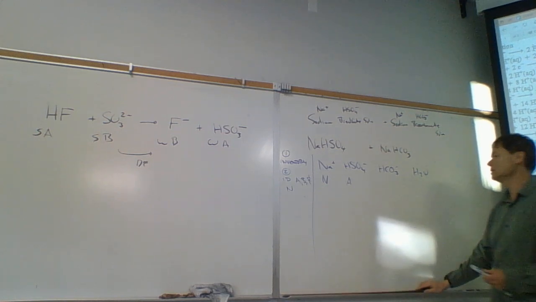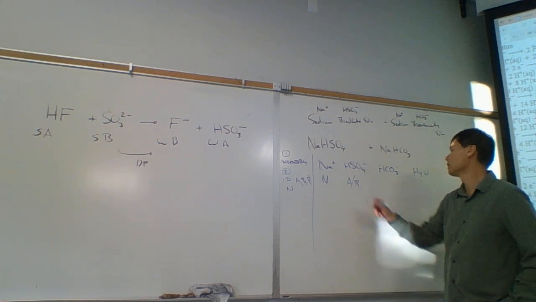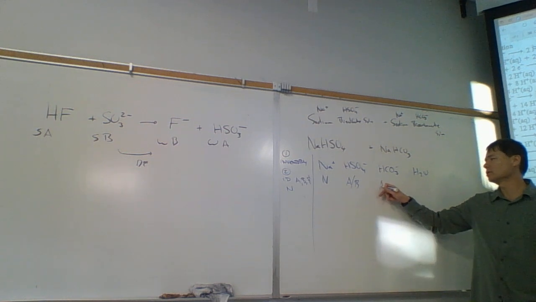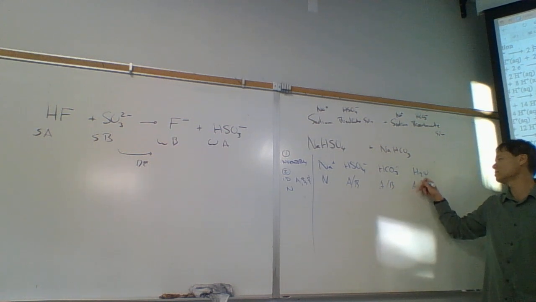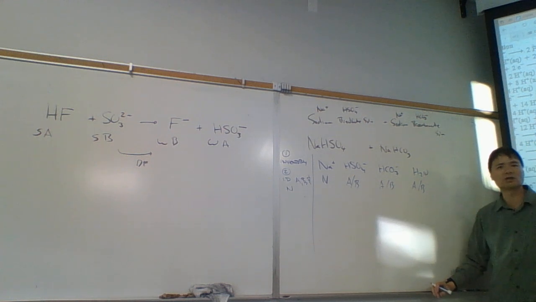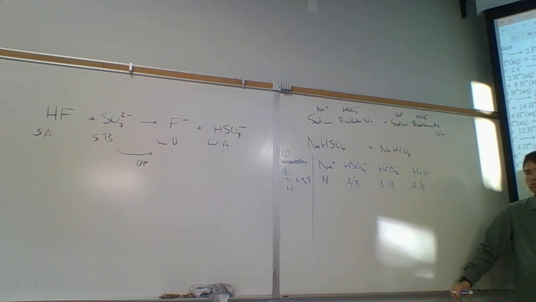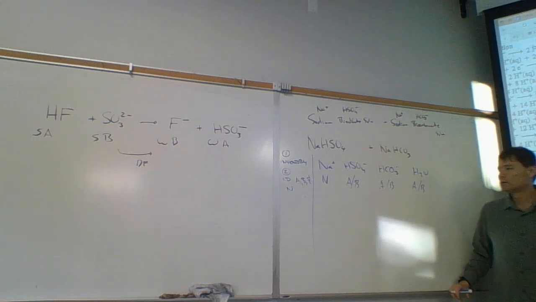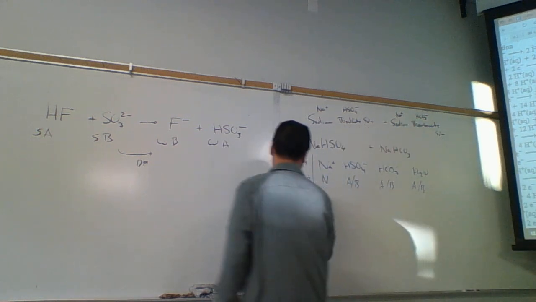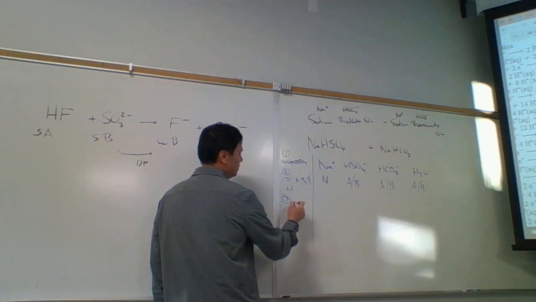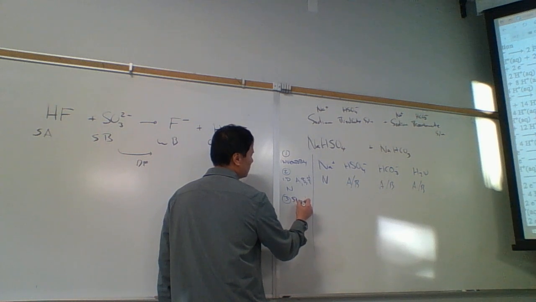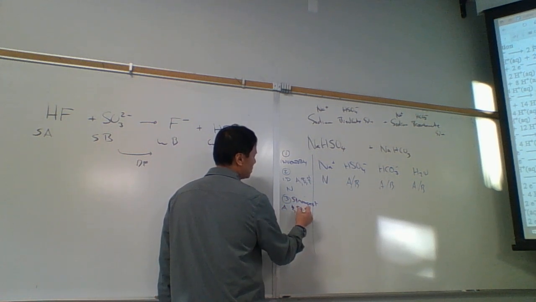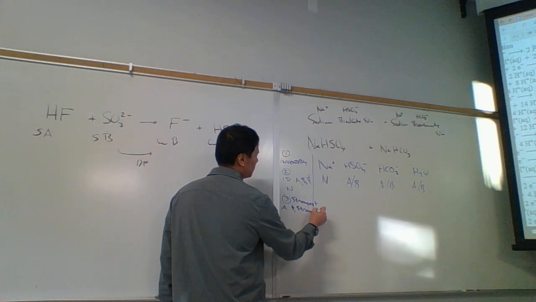And so it's an acid and a base. Bicarbonate's the same thing. It occurs on both sides of the chart, and water is the same thing. So I have 3 acids and 3 bases. Will all of them act as an acid, and will all of them act as a base? No. Which one? The strongest. And so what we do is we take the strongest acid and strongest base.